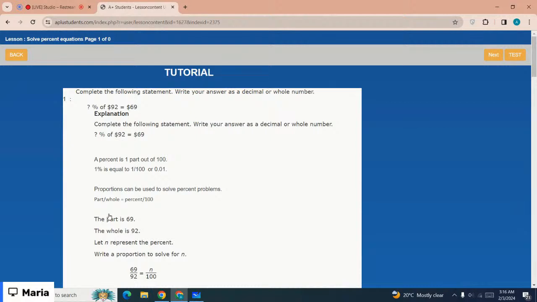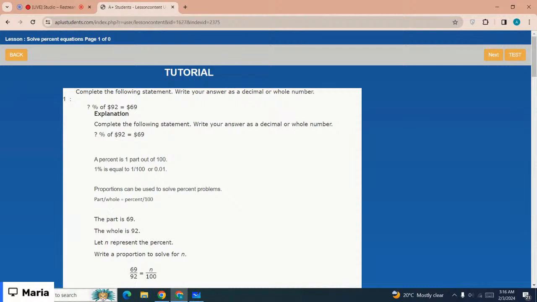Basically you have to use the same proportion we used for the part we did right before this one, right? The part is 69, and 69 is the part of what number? That is the whole number 92. You just have to calculate the n, that is for the percentage, right?